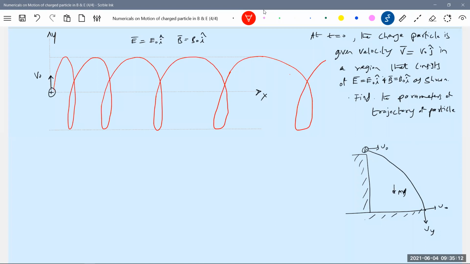Okay, look at the pitch now. The pitch will continuously increase. The reason is the electrostatic force acting on it. So whatever the question asks for, find the parameters.